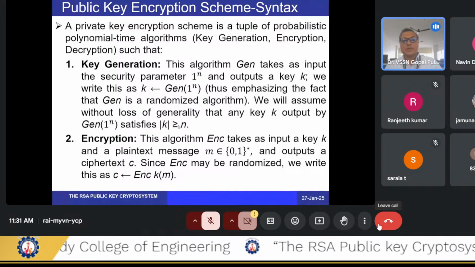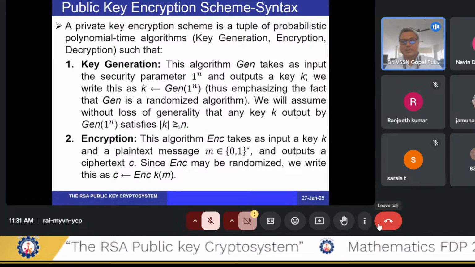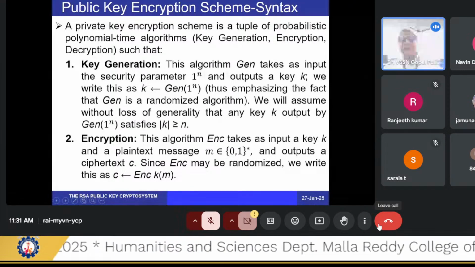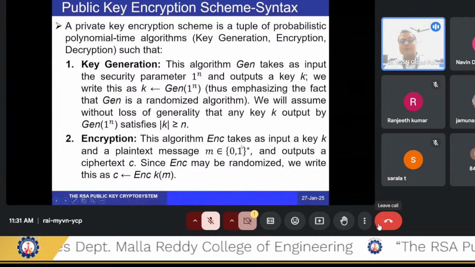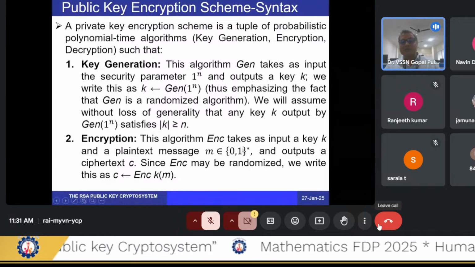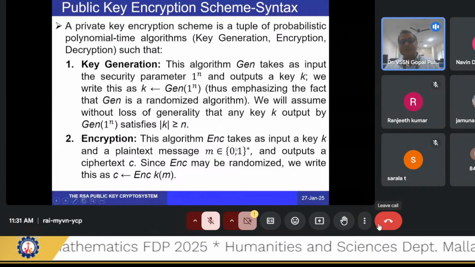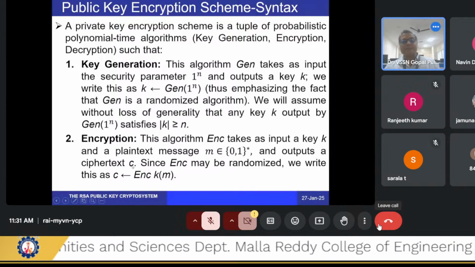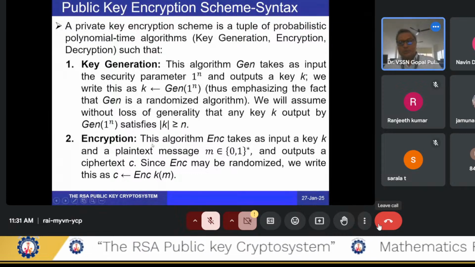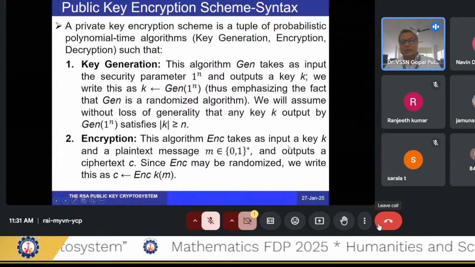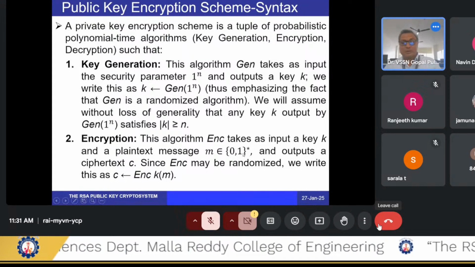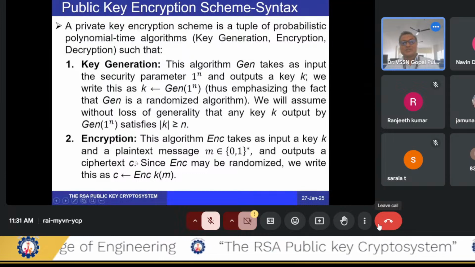This algorithm takes as input a key k and a plaintext message m. M is a string of binary digits, zeros and ones, an arbitrary binary string, and the encryption algorithm outputs a ciphertext c.